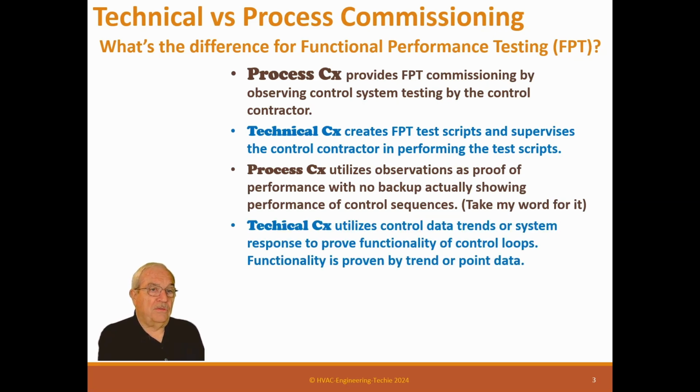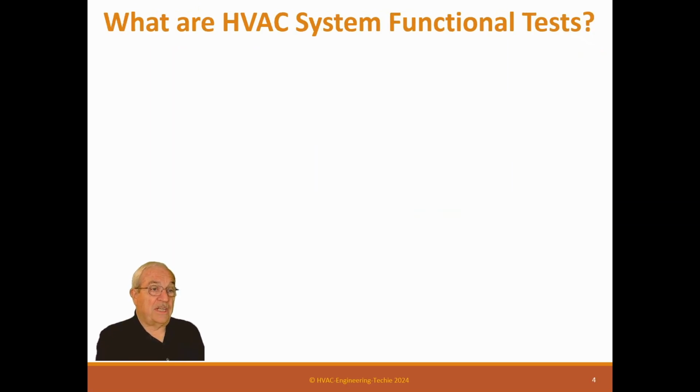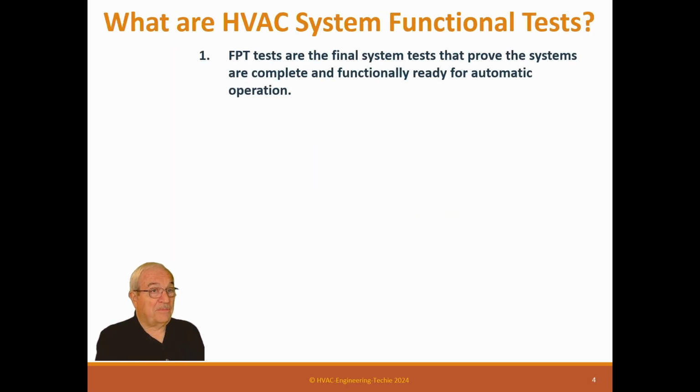Technical commissioning utilizes control data trends or system response to prove functionality of control loops. Functionality is proven by trend or point data. So we actually have a data trend that says, look, I tested it. This proves it actually works. It's not just take my word for it. I've got a document that proves it.